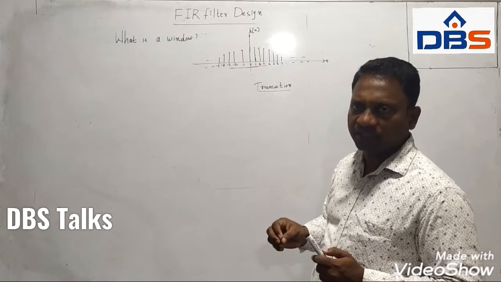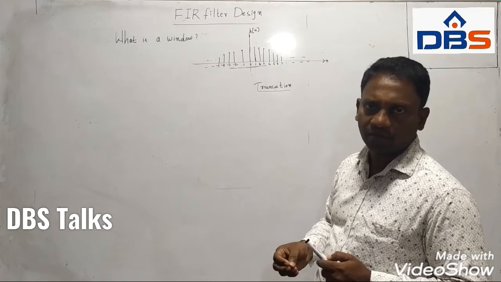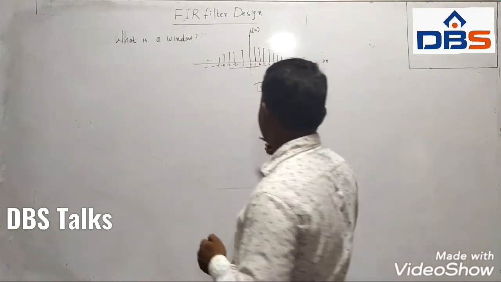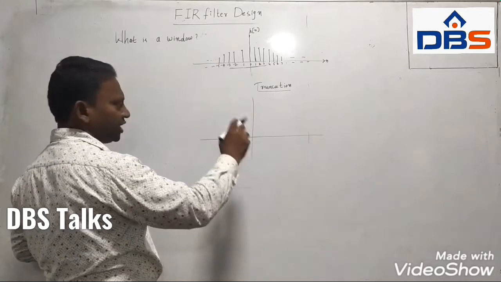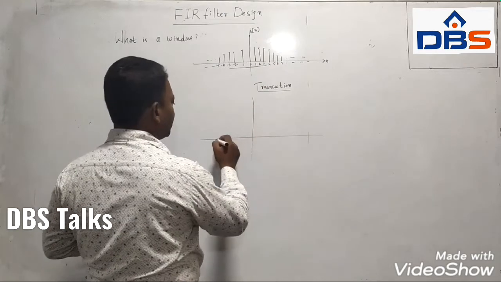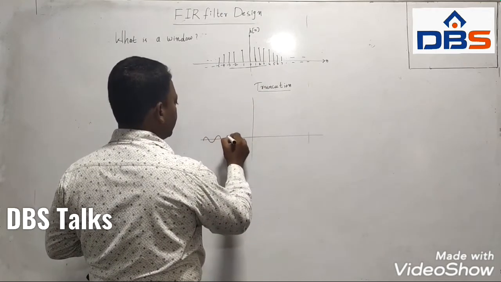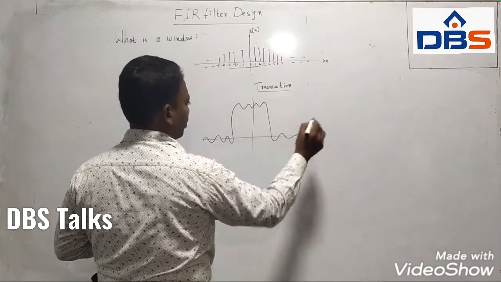Because of this, you will have ripples in the pass band as well as in the stop band. That is called the Gibbs phenomenon. When you truncate the sequence or any signal, you will have ripples in the pass band as well as in the stop band.